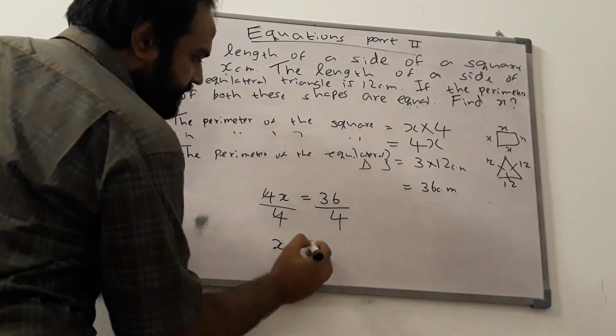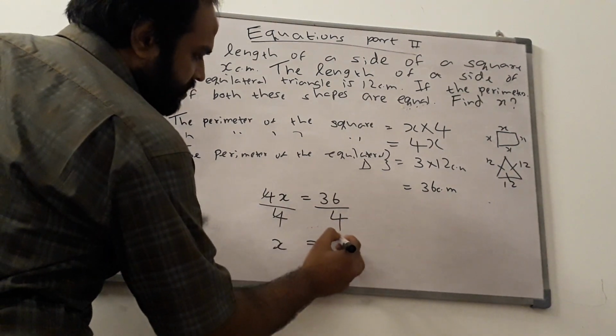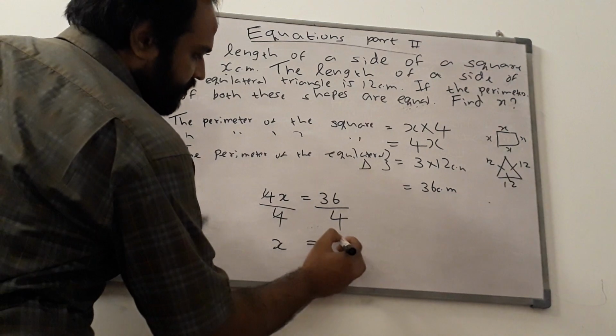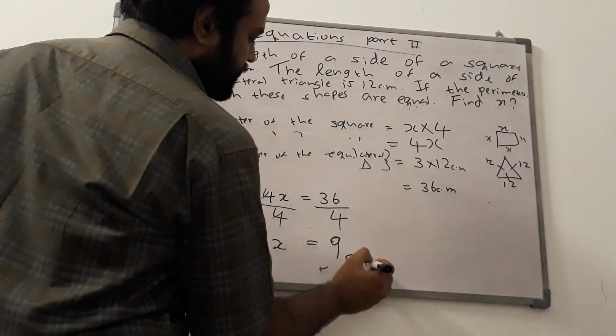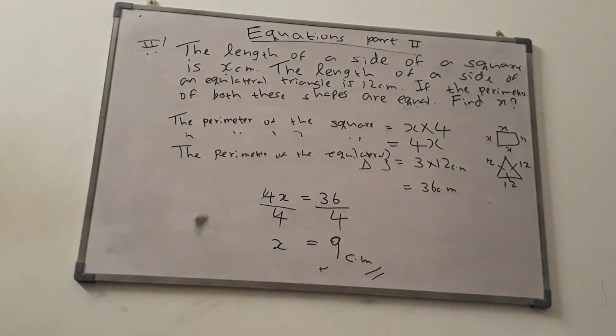So x means 4 times 9, or when we divide 36 by 4, it is 9. 4 times 9 is 36. So x is 9 centimeters. So the length of a side of a square is 9 centimeters.